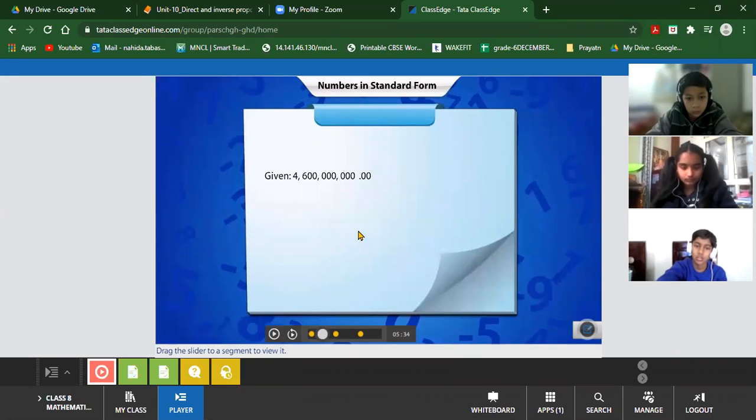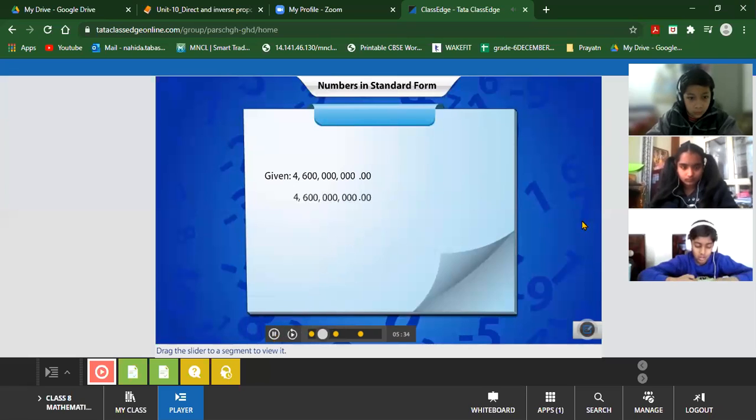So whenever there is a whole number given to us, we have to assume that the decimal is at the end of the number, because there was no number to be shown after the decimal. So the decimal also we do not mention in a whole number, right?